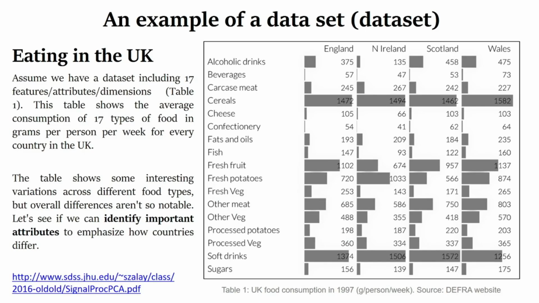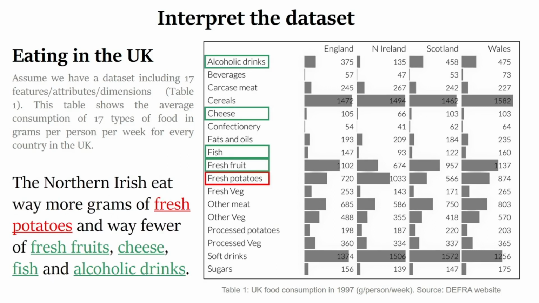So this was an example of a data set in the UK with 4 countries, and these are all features or attributes. By just looking at the numbers, the food consumption based on this information here, we realize that 5 features or attributes can help us to group, cluster or differentiate these 4 countries.